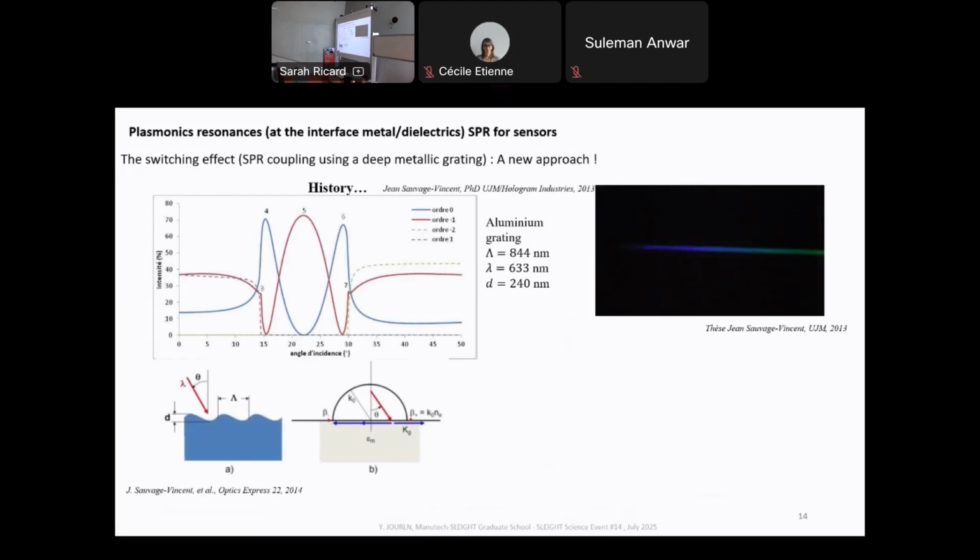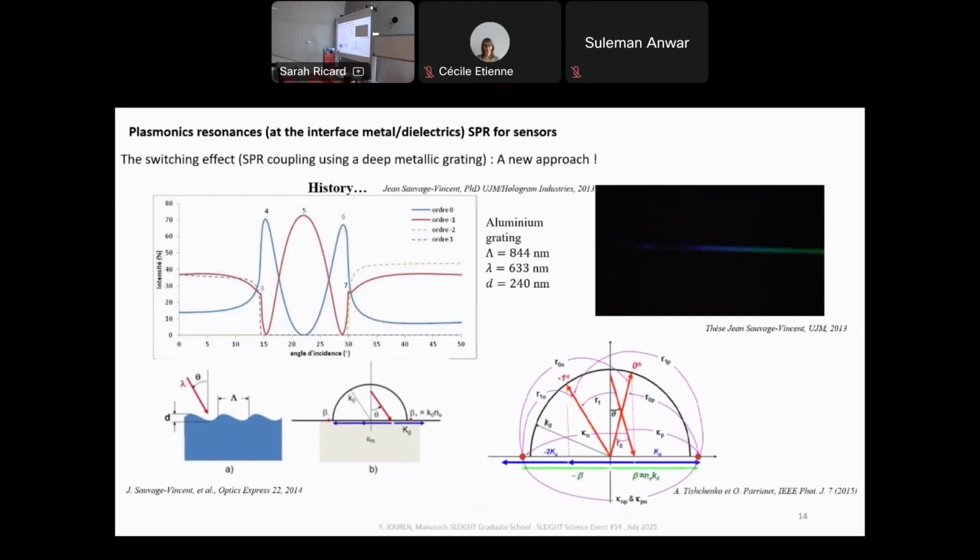He was playing with what I will explain later on, the extraordinary optical transmission, and he played with the period of the grating and the depth of the grating to see how the efficiency of the diffracted order changes. And we saw a very interesting effect.